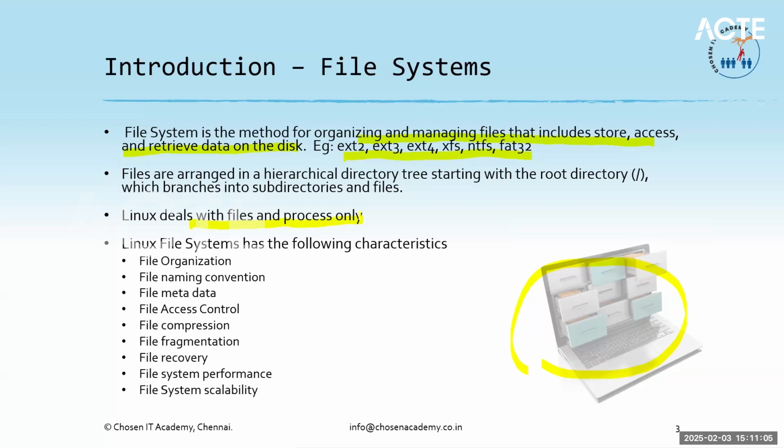And other than that, we have the actual software, which is called the processes that are running in the Linux operating system. Only two entities are there, files and processes. This is one thing that you need to keep in mind. The file system here is arranged in a hierarchical directory structure, starting from the root directory, under which we have the subdirectories and files.